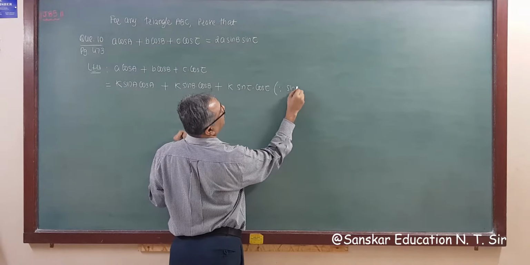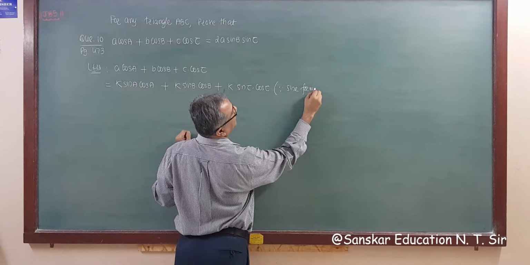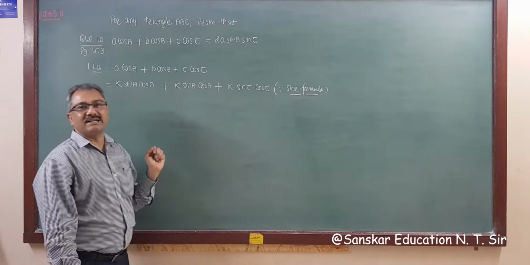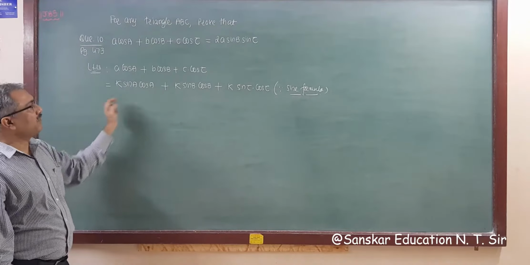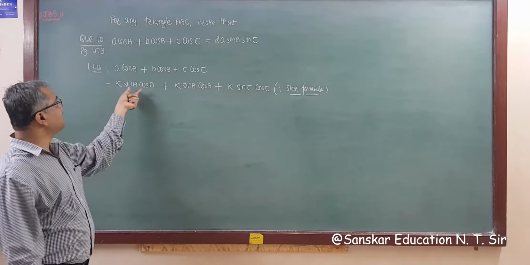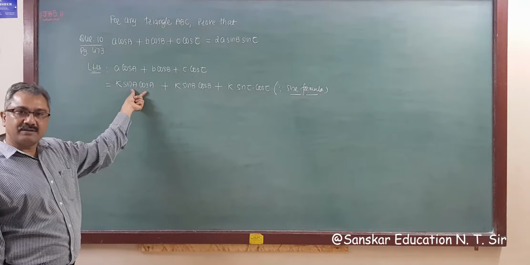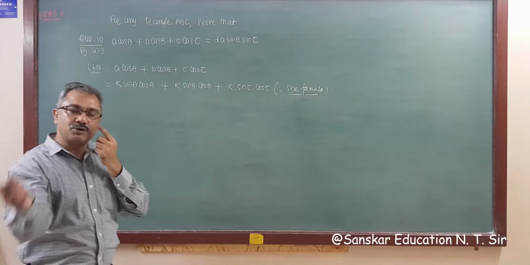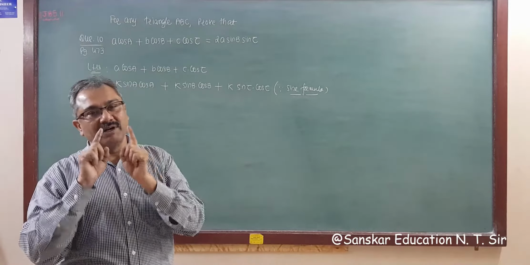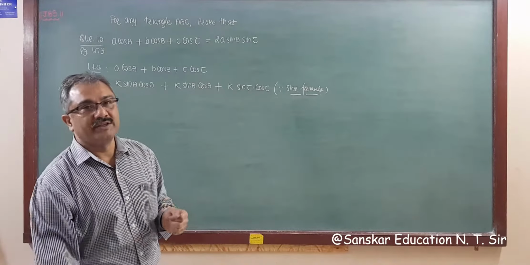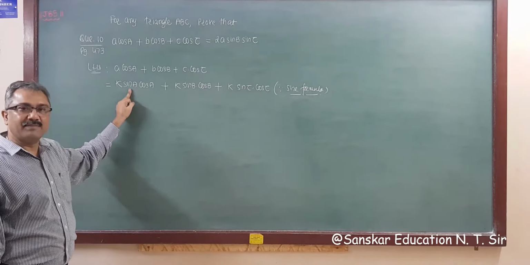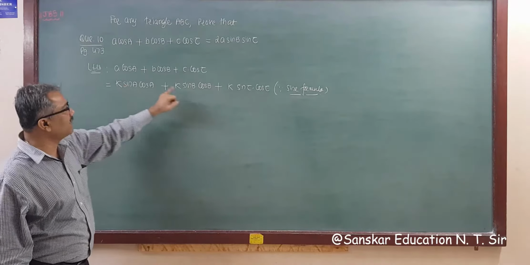Because of the sine formula. I am not going to write the sine formula again, because now you are familiar with it and you know how this comes. Taking K common, but this is in multiplication, and while the sine and cos terms are in multiplication, we need 2. That means we have to divide by 2 and multiply by 2.